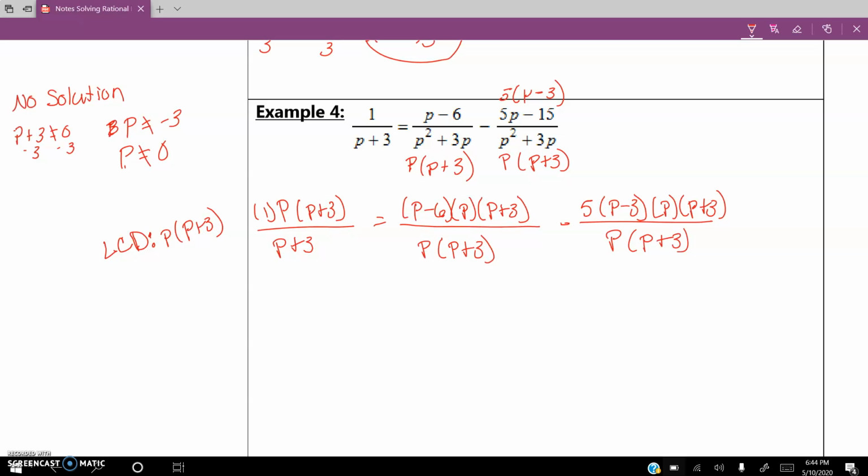Cross out, simplify. P plus 3 cancels out with p plus 3, and the p's cancel out.